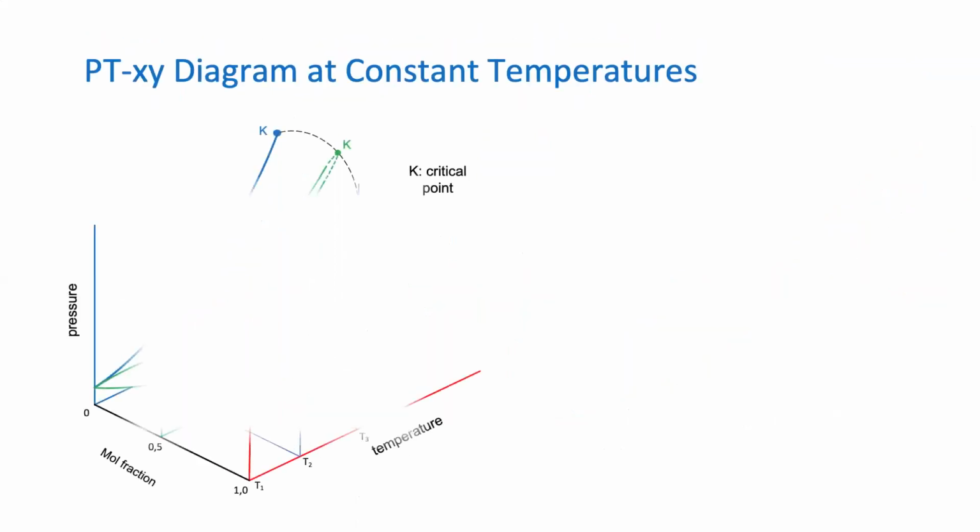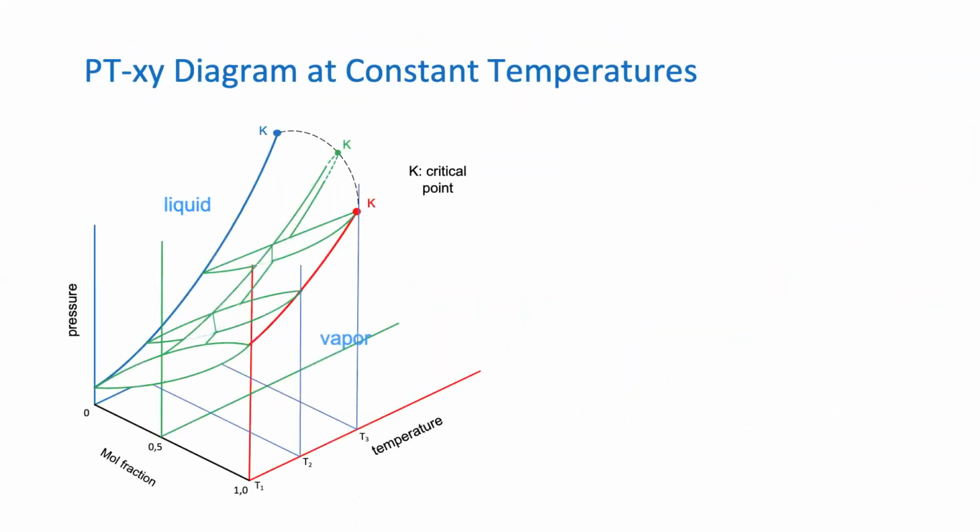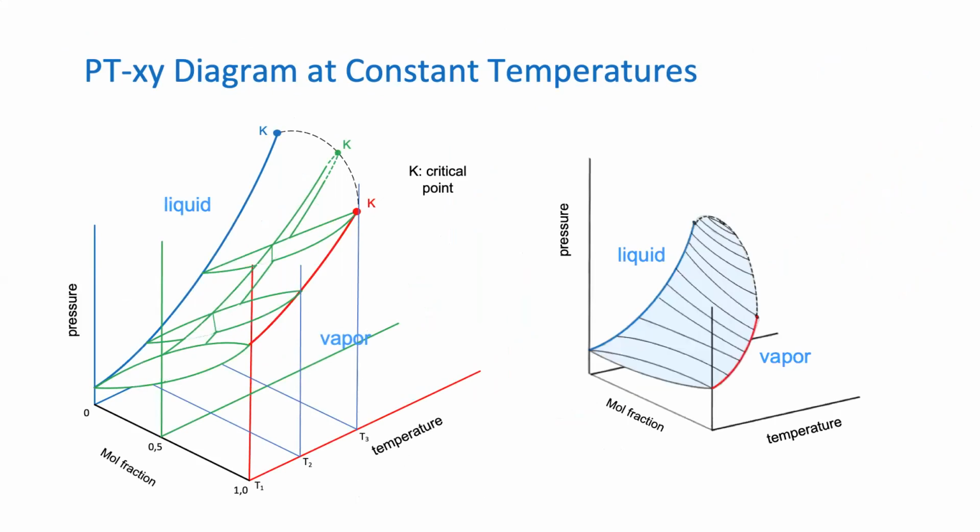So that is the tree diagram of a vapor liquid binary mixture. Then we can draw something like this. How about this tongue, lidah ini, we can slice it with a constant temperature. Bagaimana kalau kita potong dia pada temperatur yang sama?